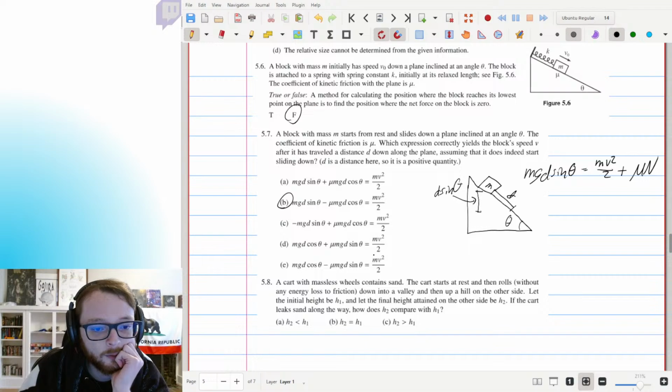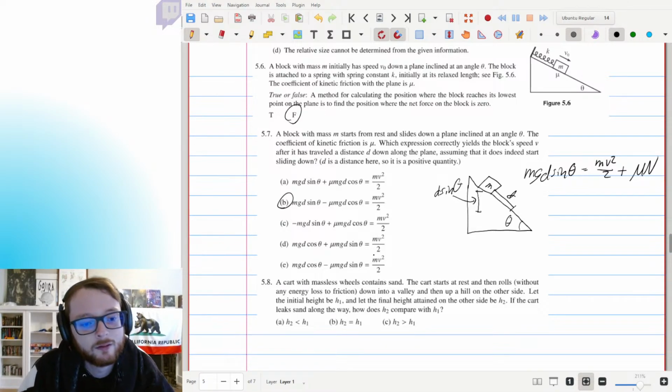Mu times the normal force, which is mg cosine theta, and you're integrating it. Wait, shouldn't there be a sine theta in here too? No, there isn't, because we're just traveling a distance d. Yeah, okay, so the normal force is mg cosine theta.